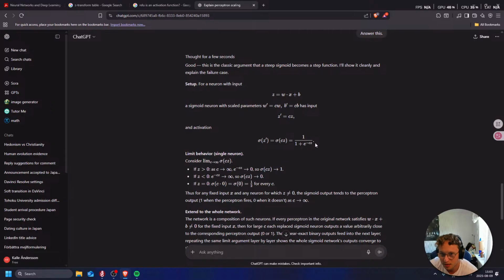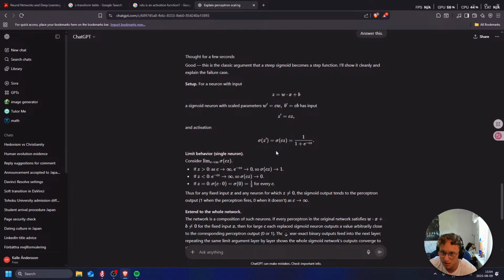If z is smaller than 0, which basically means that we have no negative sign, and C goes to infinity, this value will increase in size, which will put the whole value to 0, because we have 1 divided by infinity, which is 0.